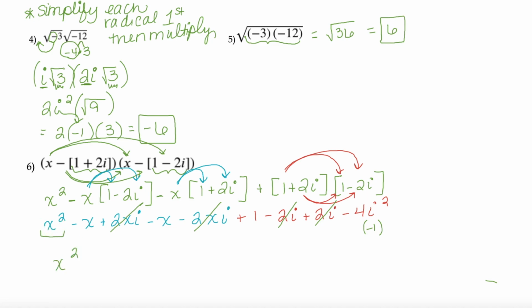I have a negative x minus 1x, and that's it for those. So I have negative 2x. And then for my whole numbers, we have positive 1, and negative 4 times negative 1 is positive 4, therefore positive 5.